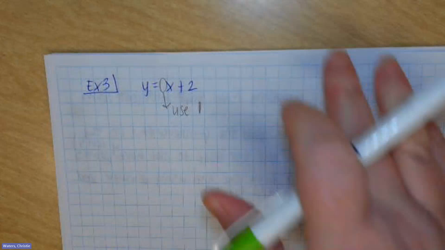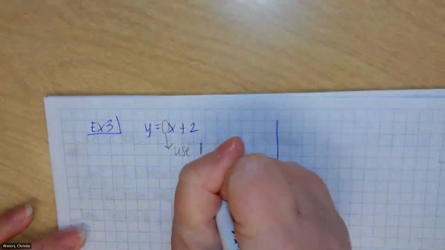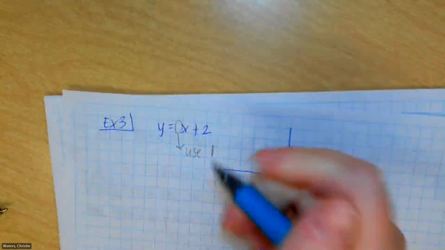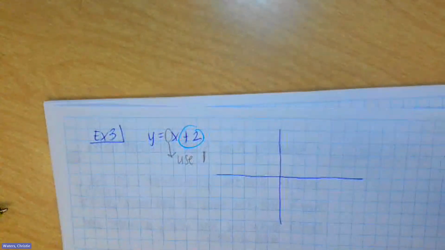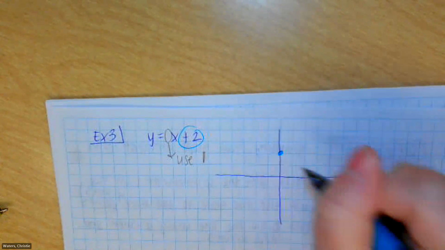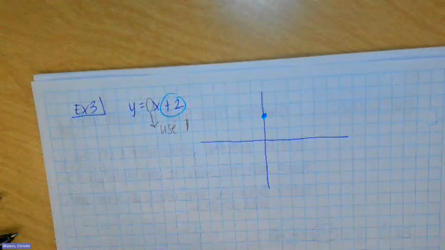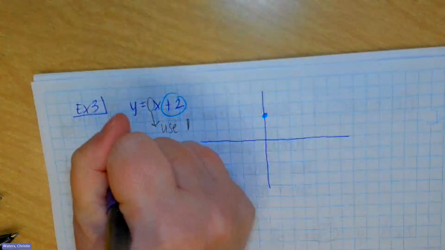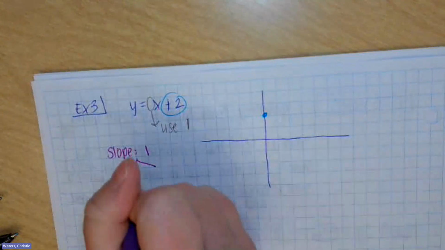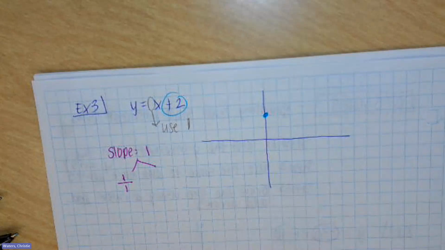Let's go ahead and draw our xy axes. All right, so y-intercept is 2. And my slope is 1. If I want to make that into a fraction so that I have a rise over run, I'm going to make it 1 over 1.